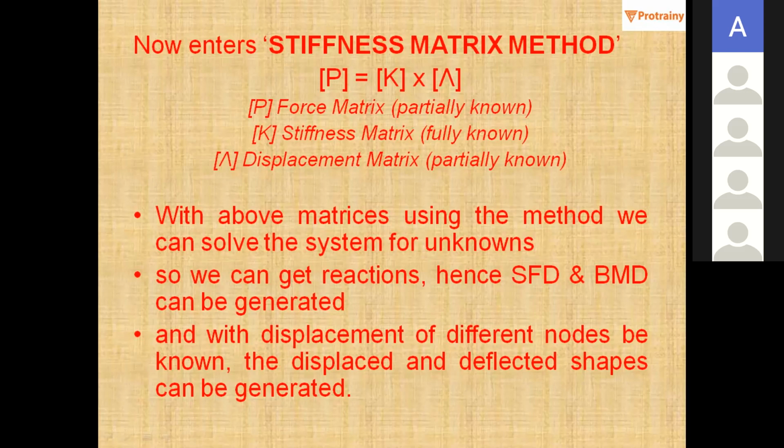Out of these three matrices, the stiffness matrix is the only matrix which is fully known. The rest of them are partially known. So now with the above matrices, using this method, we can solve the system for unknowns.